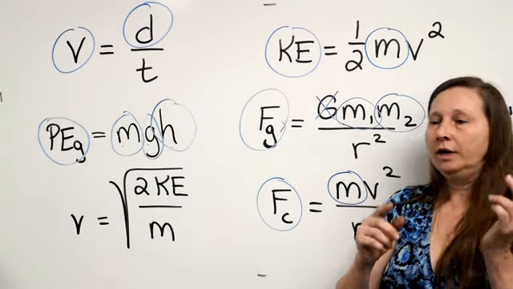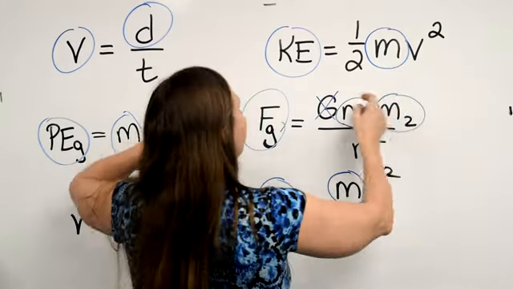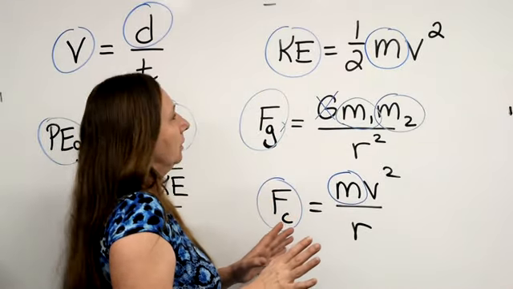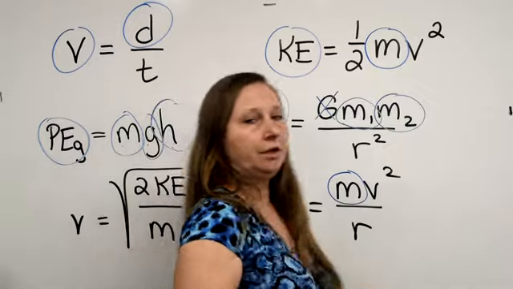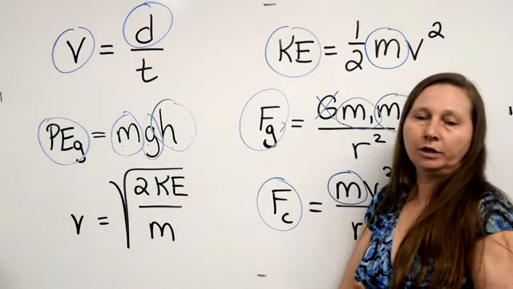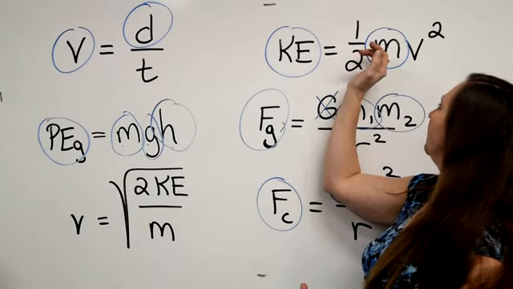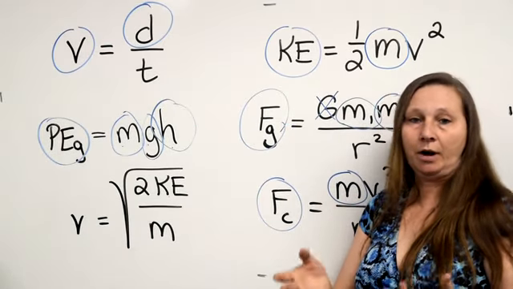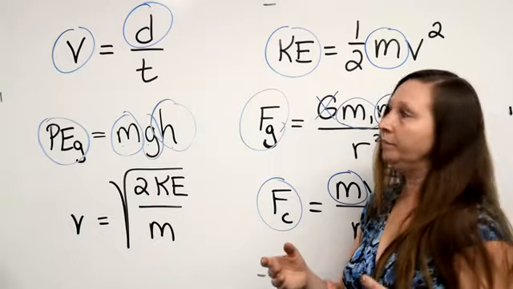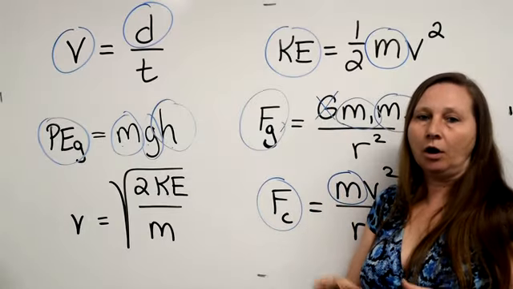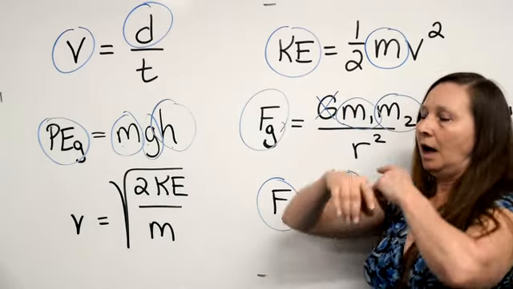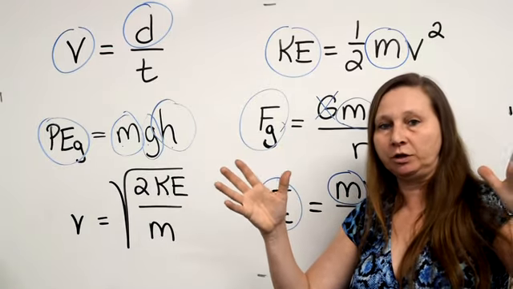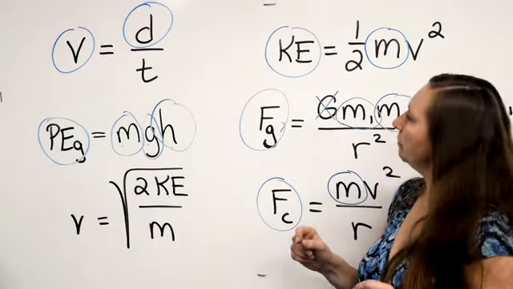You have to have your independent variable on the right side, your dependent variable on the left side by itself, and then you look and see if they're both in the numerator and neither of them has an exponent, whether it's a square or a cube or a square root, then they are directly related. Opposite sides of the equal sign, both on top, no exponents, they are directly related.